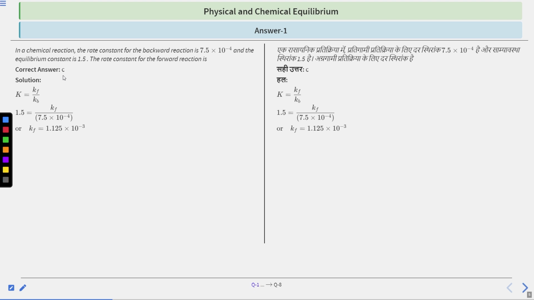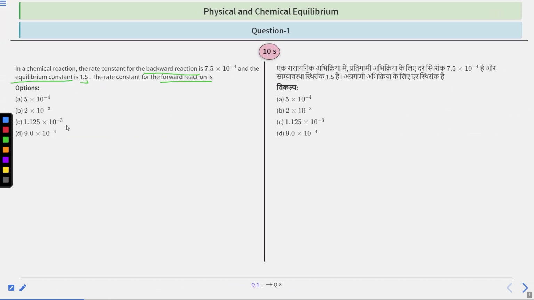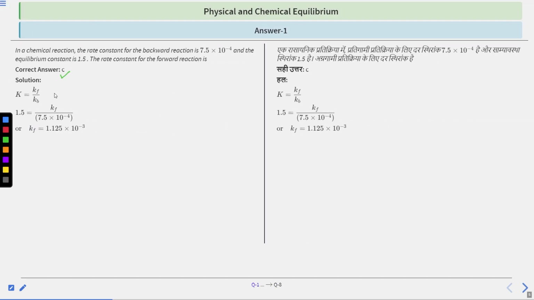Okay, so the correct answer is option C, that is 1.125 into 10 to the power minus 3. So let's see how. We know the relation between the equilibrium constant and the forward and backward reaction rate constants.